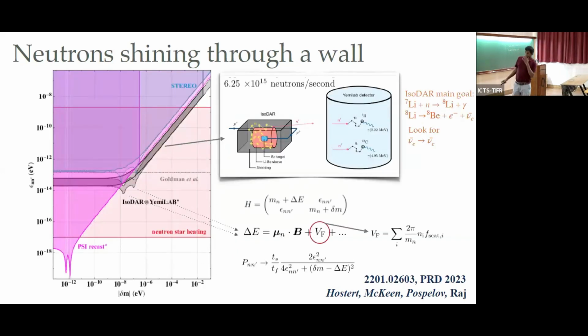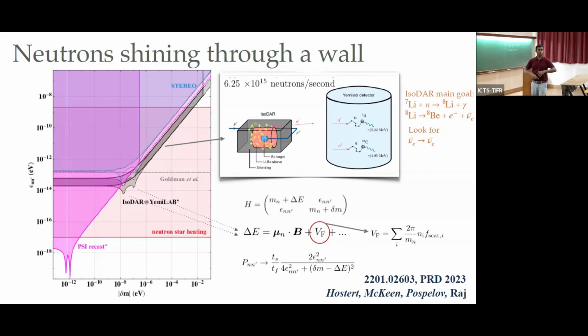So here's sort of a busy slide. The main goal of IsoDAR is to do neutrino physics, to get some measurements on neutrino oscillations. So here's the setup. You have a proton beam. In a slightly weird way, it goes around and turns around and then hits a beryllium target.